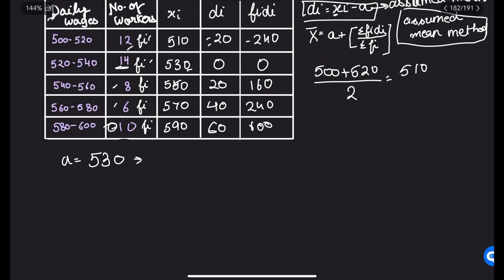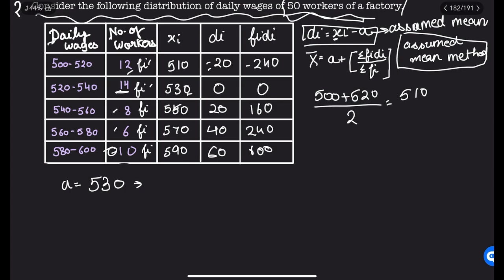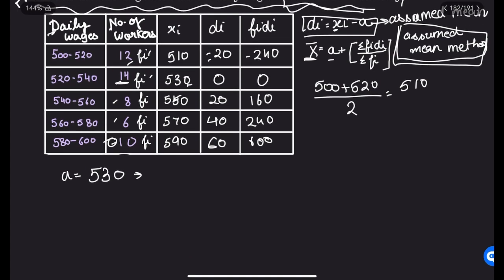So then we have to find the sum, because the formula for mean in the assumed mean method is a plus, bracket, sum of fidi upon sum of fi, bracket close. So we have to find the sum of fidi. Firstly, this and this will be cancelled because this is minus, this is plus. Then 160 plus 600 is 760.